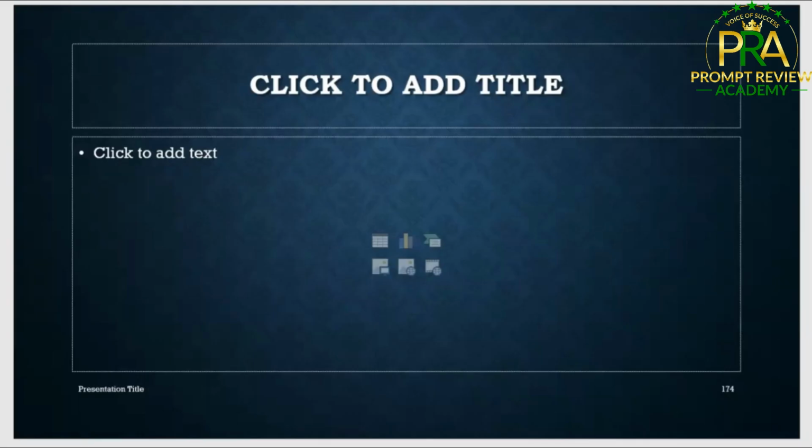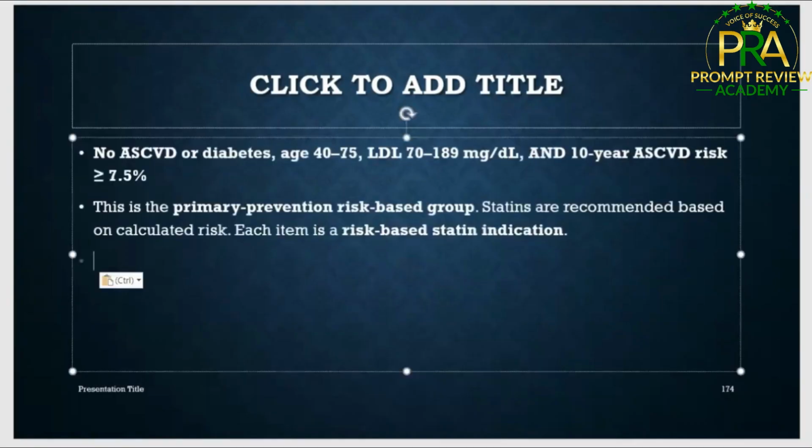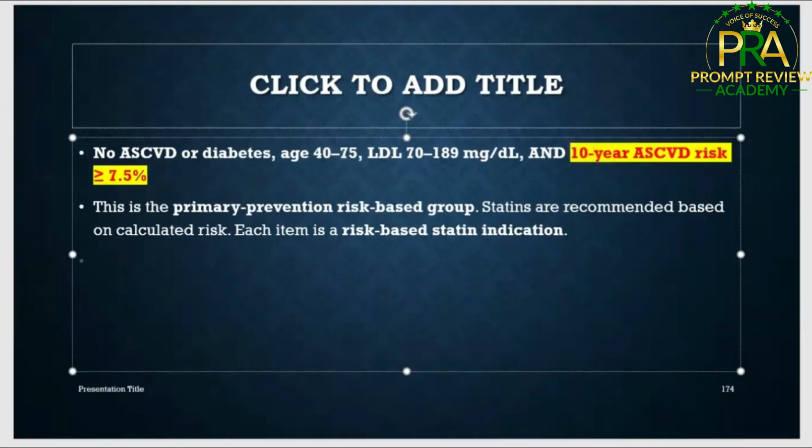You can now calculate the statin, and at this point, they can benefit from high to moderate. Their LDL is high, and they have a 10-year ASCVD risk. So there is a possible risk that they may develop all those heart problems in the future.